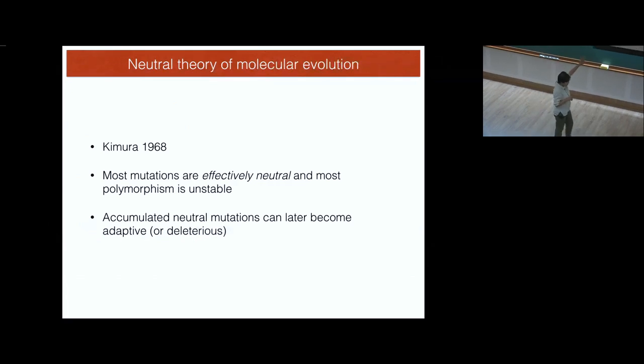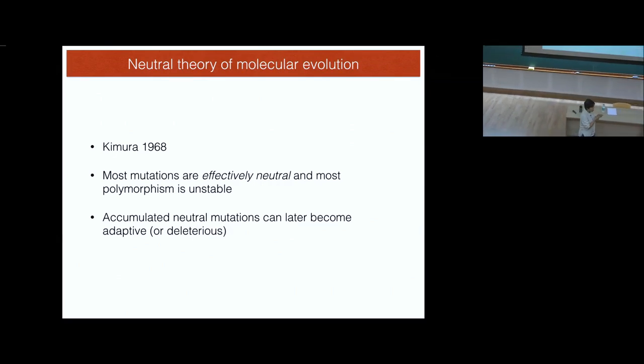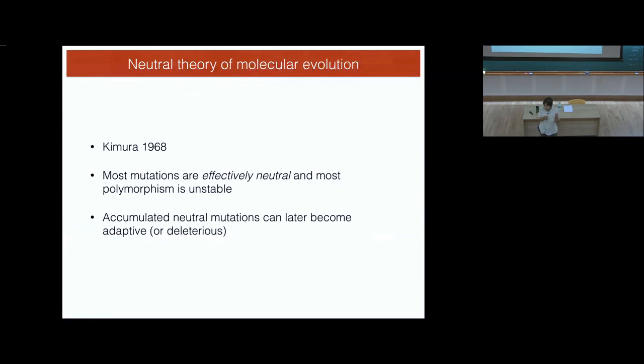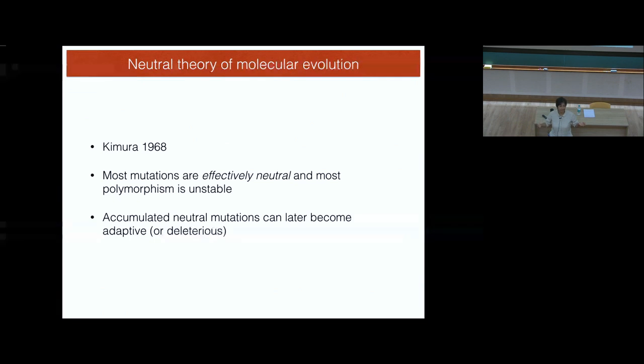The other interesting outcome of neutral theory is this. Let's imagine a population is tootling along, nothing is happening, and it keeps accumulating mutations. And then bam, the environment changes suddenly. Now this population has built a large reservoir of accumulated, effectively neutral mutations, which serve as the standing genetic variation on which new selection pressures can act.